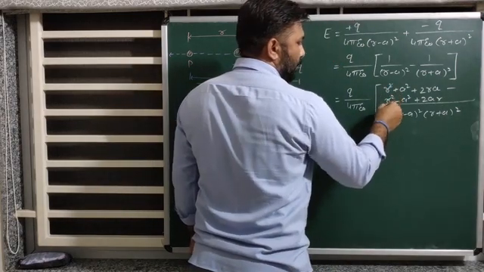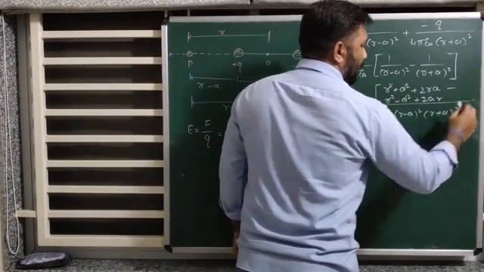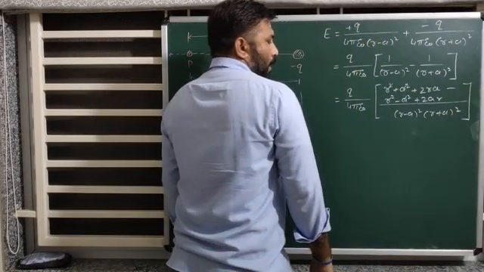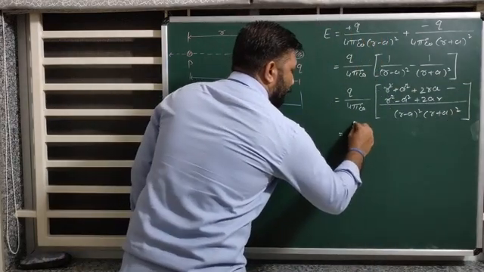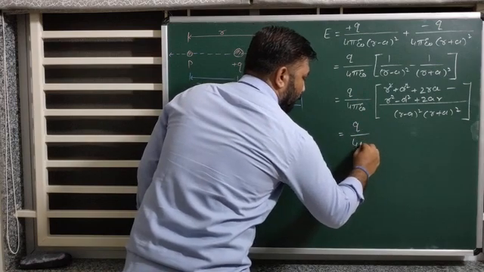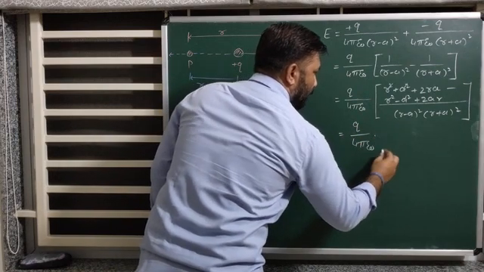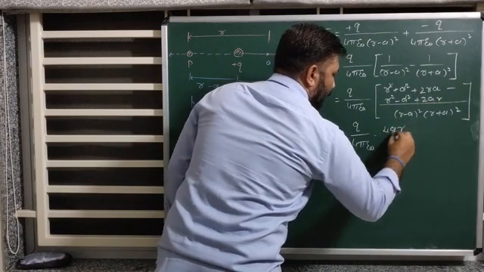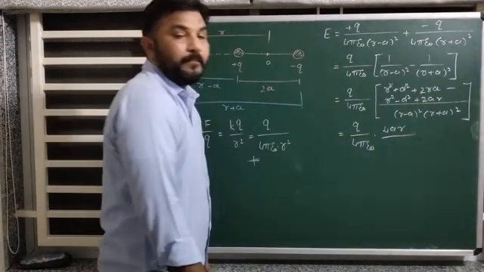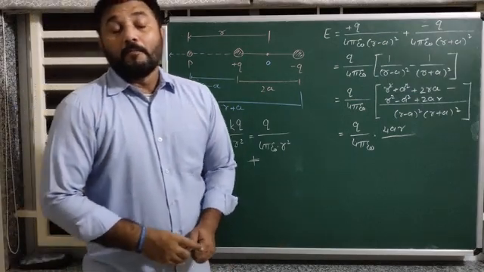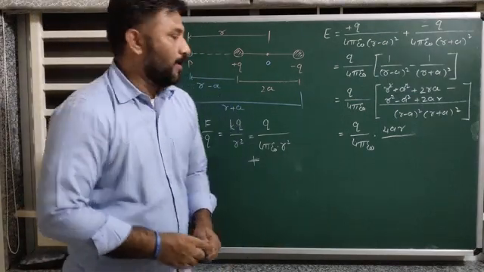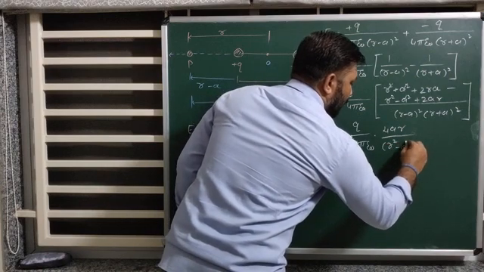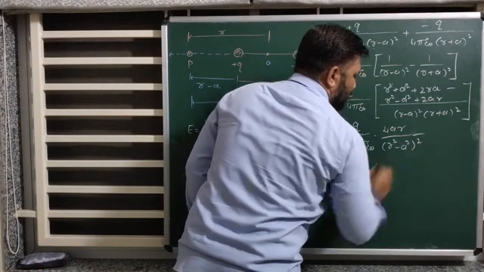So this term will be cancelled, right? What will remain is q by 4 pi epsilon 0 multiplied by 4ar upon, this is the identity, (a square minus b square) whole square, so it will be (r square minus a square) whole square.